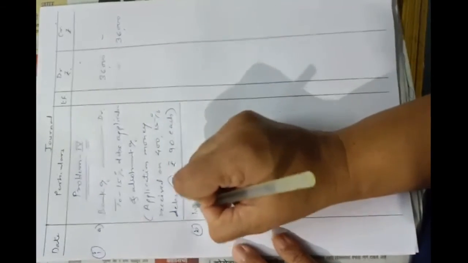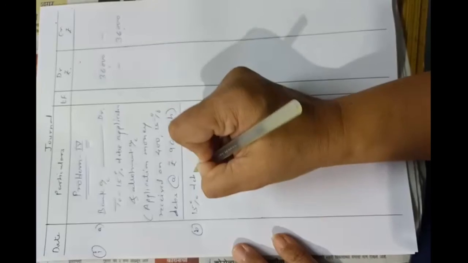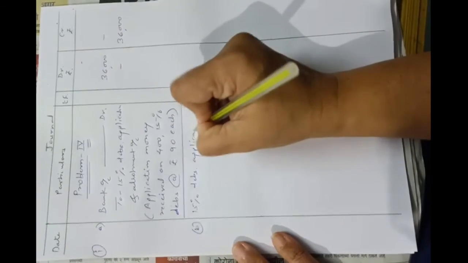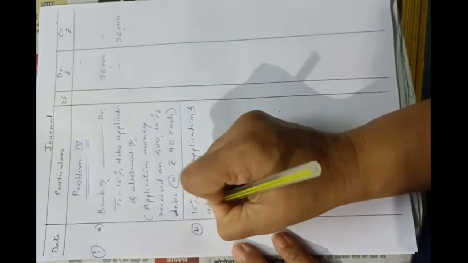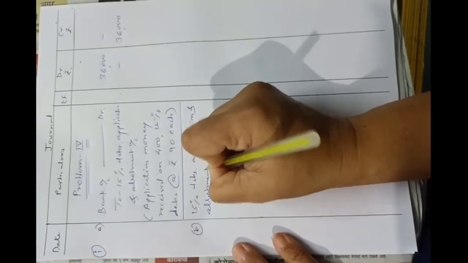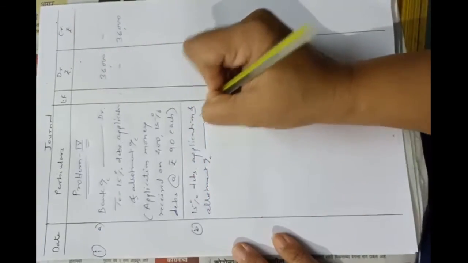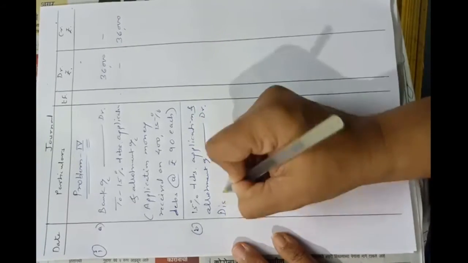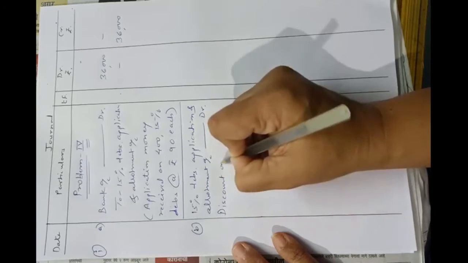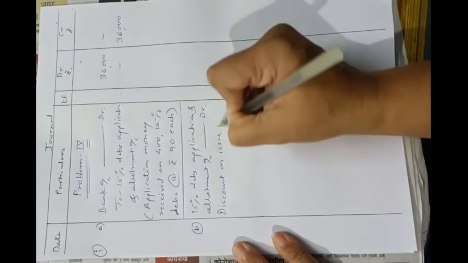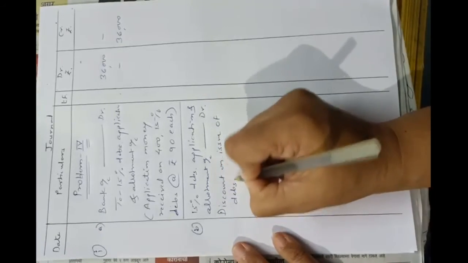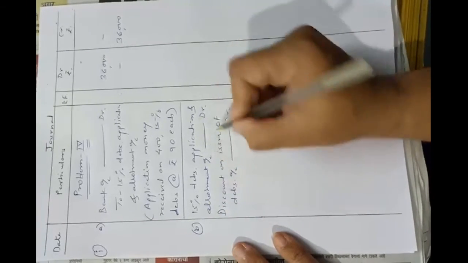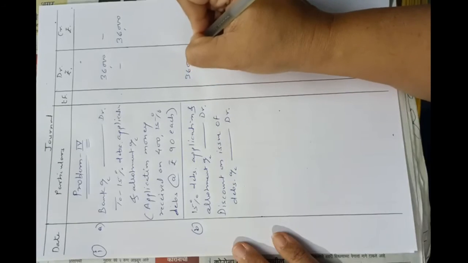So 15% debentures application and allotment account debit 36,000.